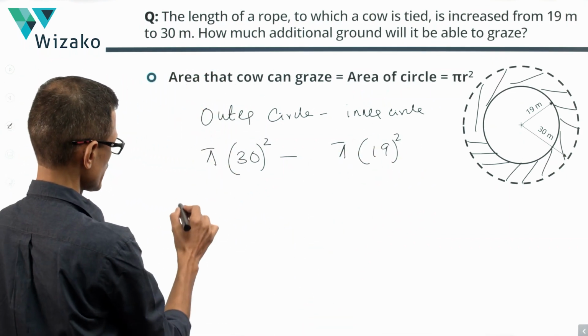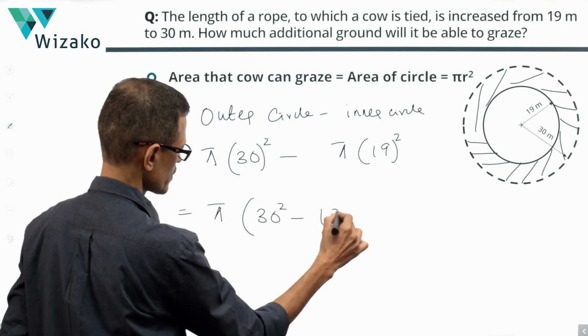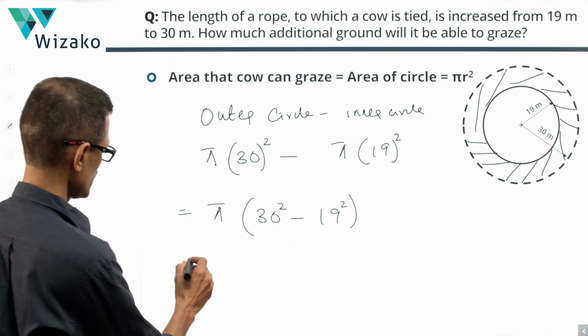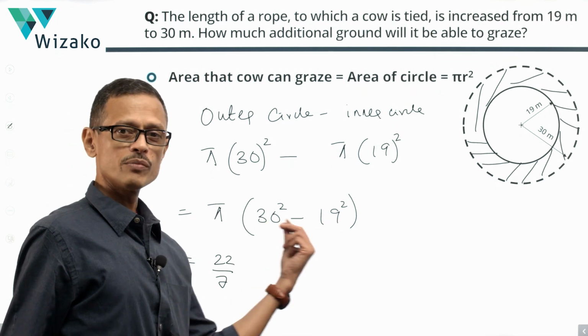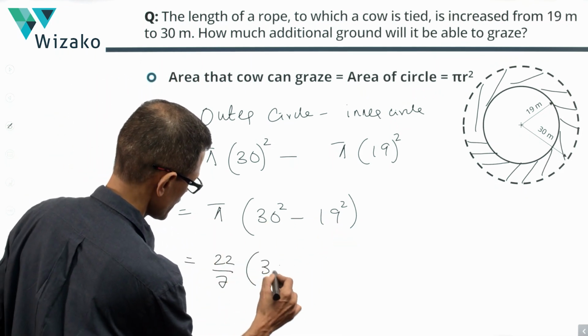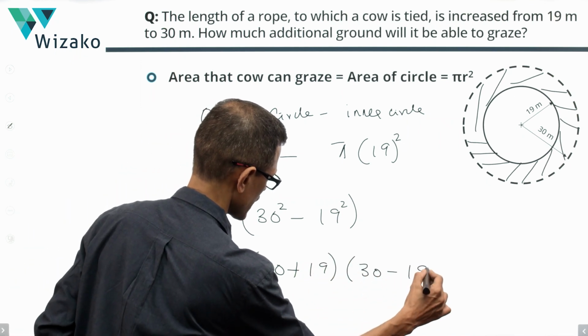Take pi common, so the required area will be pi into 30 square minus 19 square. Let us write pi as 22 upon 7, that becomes 22 divided by 7. This number is of the form a square minus b square, which is a plus b into a minus b. So, that would be 30 plus 19 times 30 minus 19.